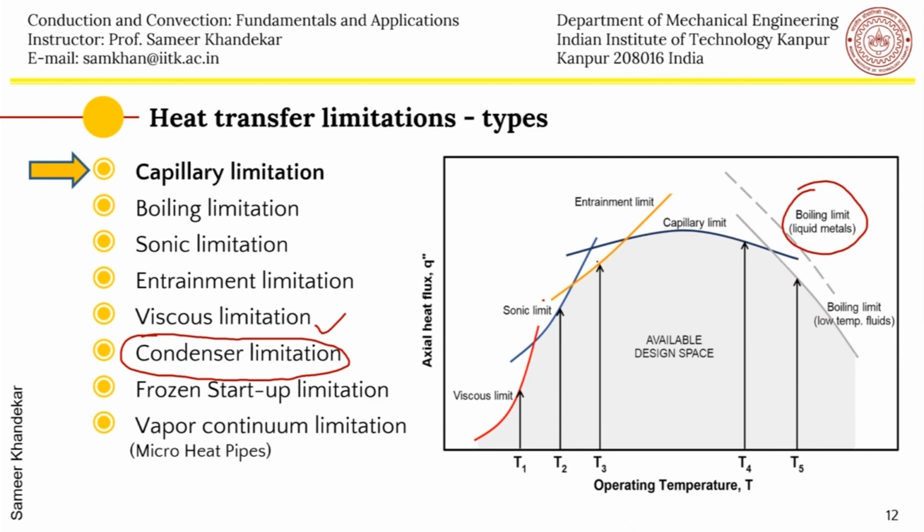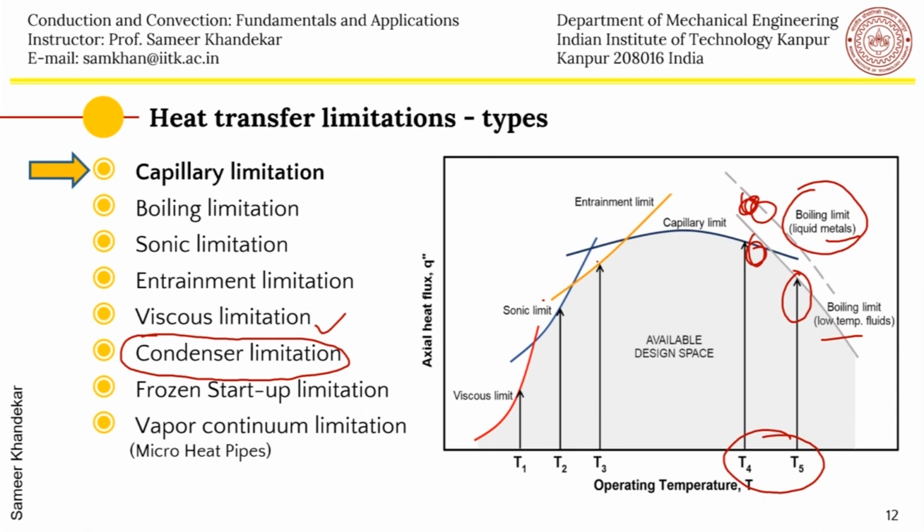That will depend on the type of heat pipe working fluid which you have chosen and the operating temperature at which you are operating. So these curves which you see here, this red curve, blue curve, yellow curve, gray curve, dark blue curves, these are actually analytical expressions which have been developed to predict these different types of limitations.